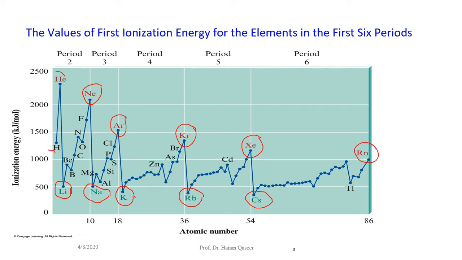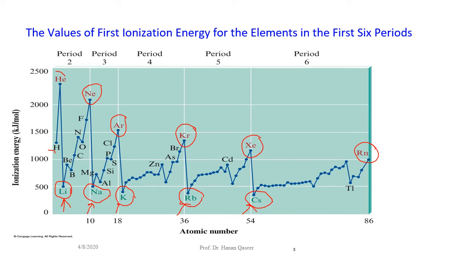In every period, we have an alkali metal, except period 1: lithium, sodium, potassium, rubidium, cesium, and francium for period 7. These elements have the lowest ionization energy in every period.